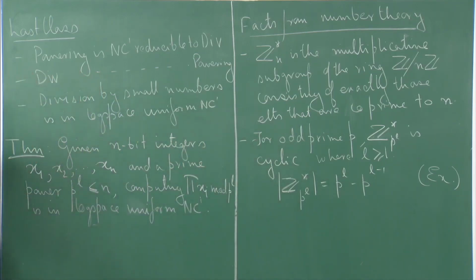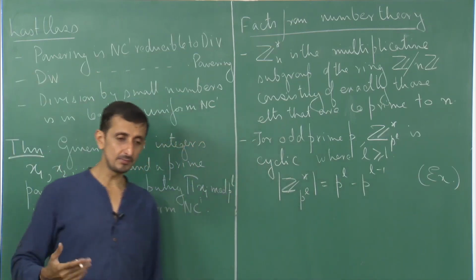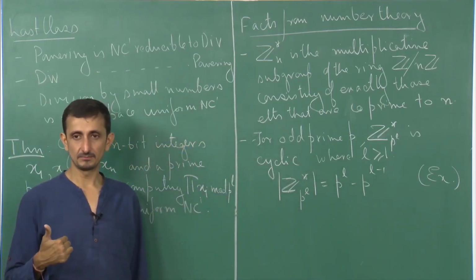There is no reason why this group has to be cyclic. It can be anything. But when it is a cyclic group, it means it has a single generator.